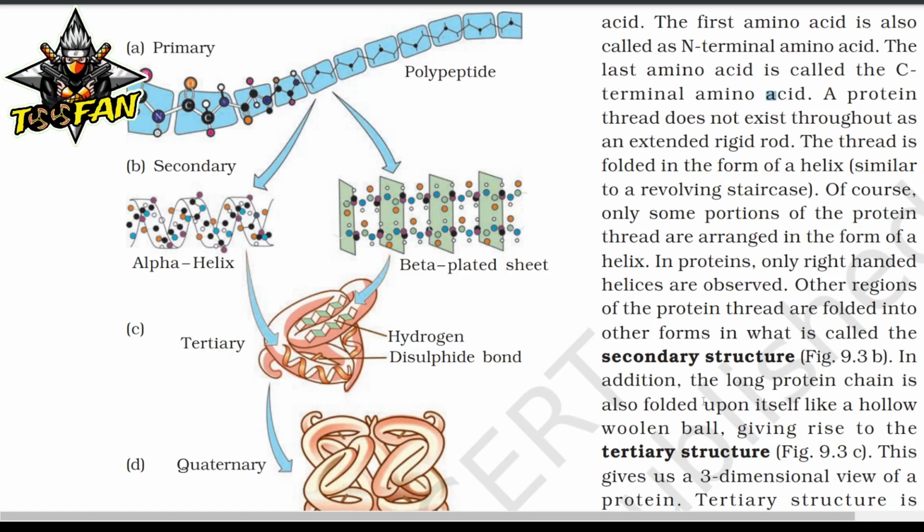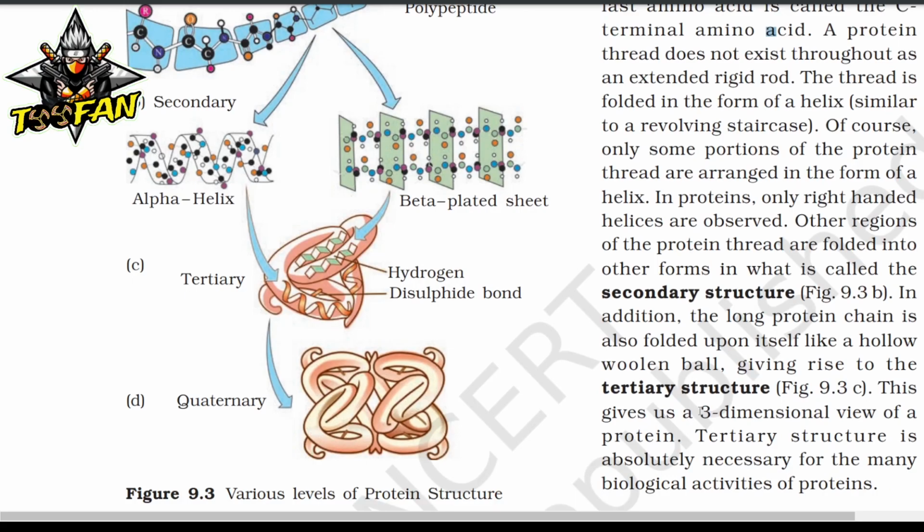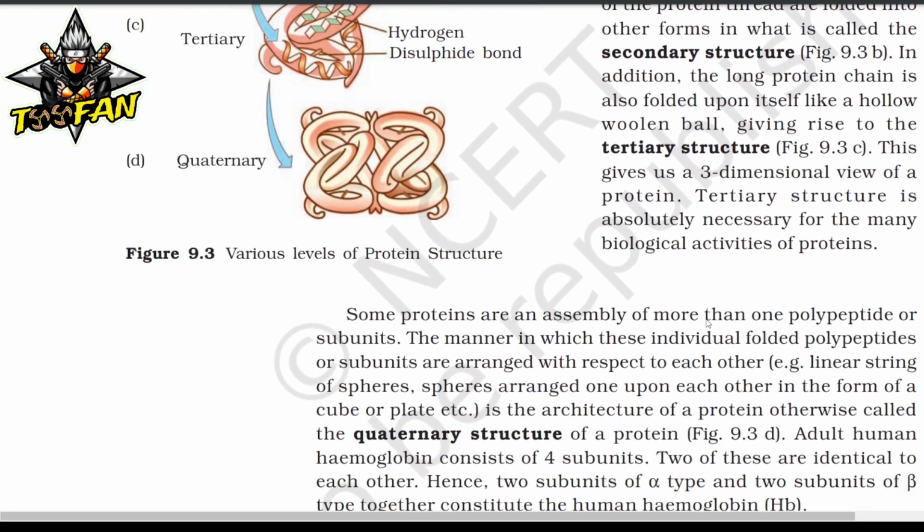Other regions of the protein thread are folded into other forms in what is called the secondary structure. In addition, the long protein chain is also folded upon itself like a hollow woolen ball, giving rise to the tertiary structure. This gives us a three-dimensional view of the protein. Tertiary structure is absolutely necessary for the many biological activities of the protein.